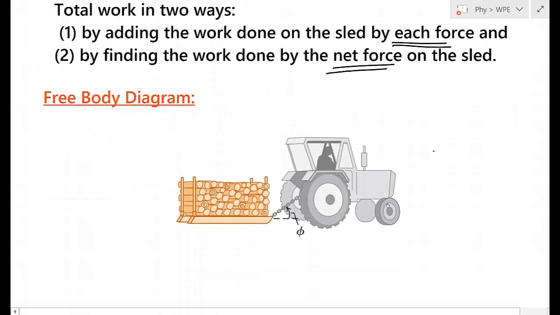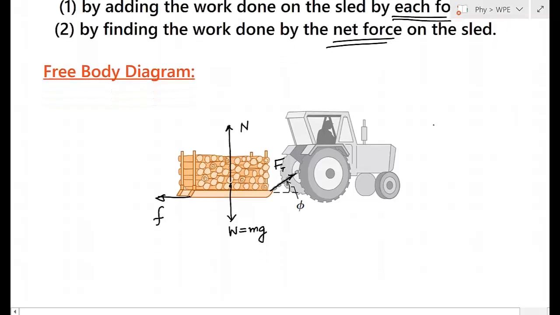Before proceeding further, we have to make the free body diagram, that is, what are the forces that are acting. On this, weight is acting, that is mg. On this sledge, there is also a normal reaction that will act, and there is a friction force acting, and this tractor force, that is Ft.